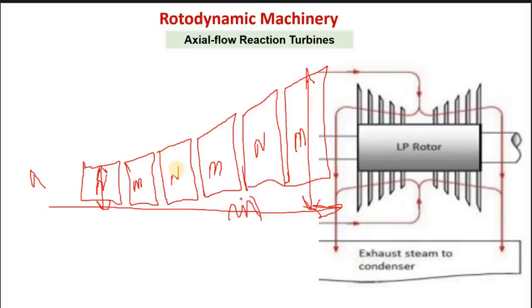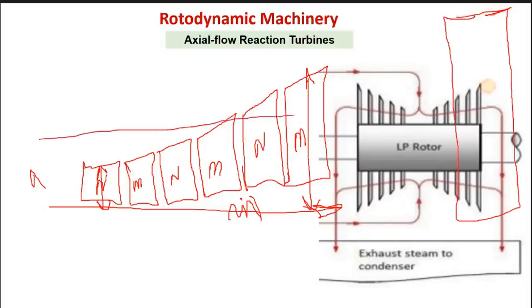If this is a 3-stage compounded turbine, or for example a 6-stage compounded turbine, then you can imagine the height will be very high, because in case of a reaction turbine, in this direction the pressure of the fluid is continuously dropping in the direction of steam flow.